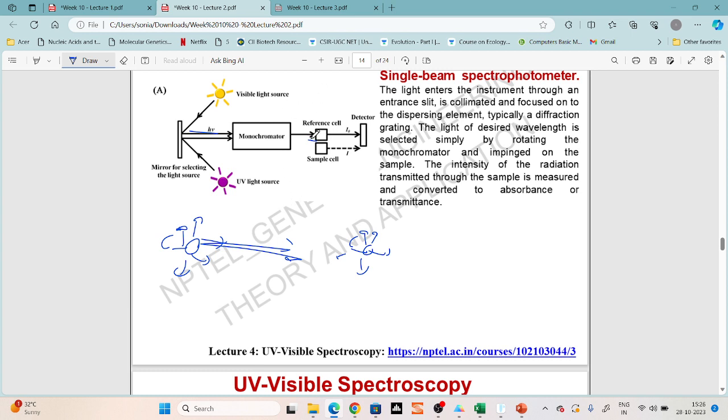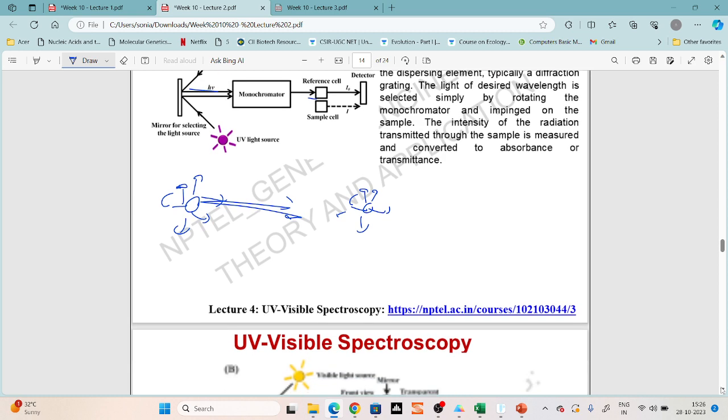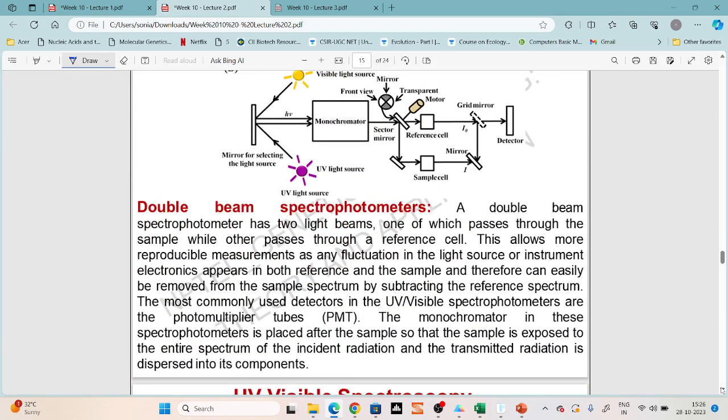So you have to do it one by one, and it might not produce very reproducible results. There can be fluctuations of the light source or the instrument, because one time it can give one reading, and another time when you put your sample, it might have some fluctuation, so the results will not be so reproducible.